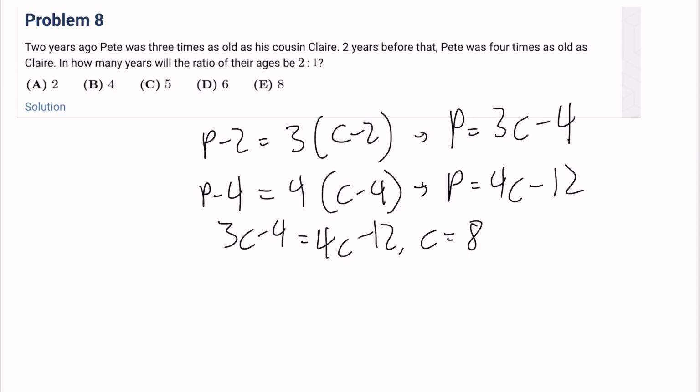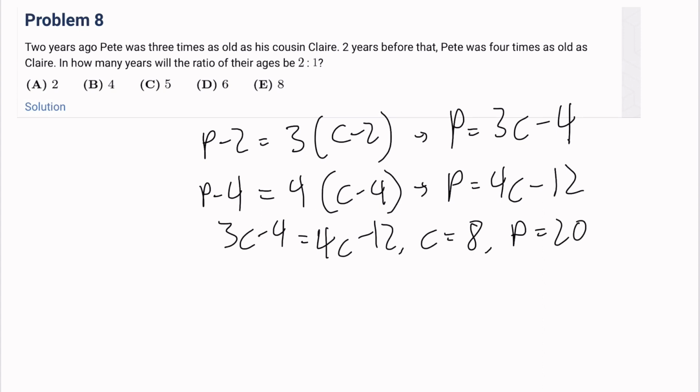C equals 8, and that will give us, so for the ratio of their ages to be 2 to 1, C is 8 now, and so Claire is 8 years old now, and Pete is, if we put 8 into here, that would give us 3 times 8 minus 4, so P is 20 years old.